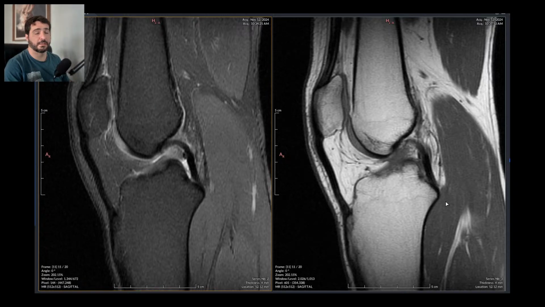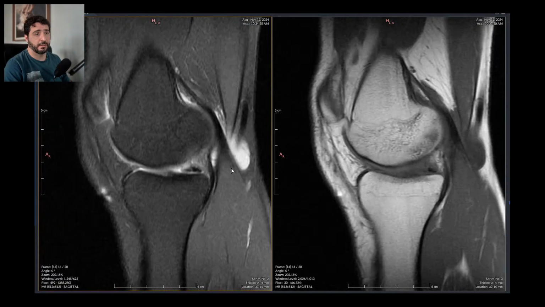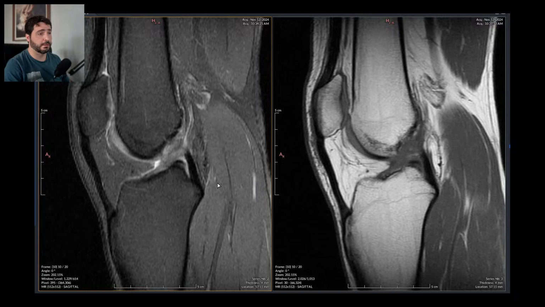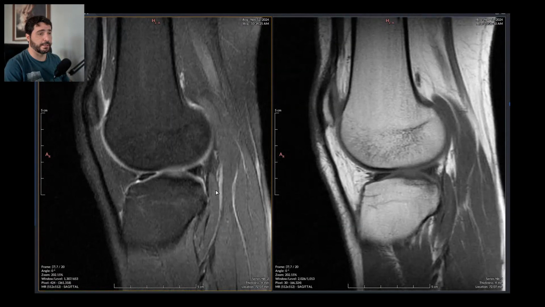It's gone, it's completely ruptured. So this is that classic anterior cruciate plus medial meniscus tear, which leads to surgery. It's a classic surgical case.